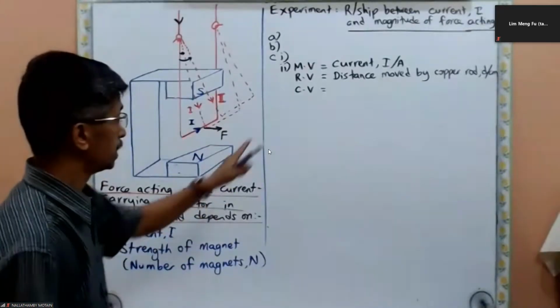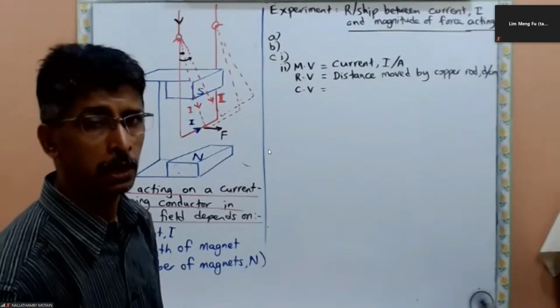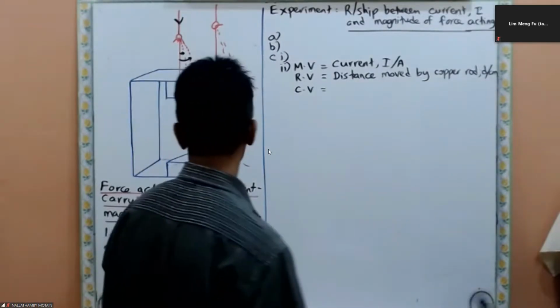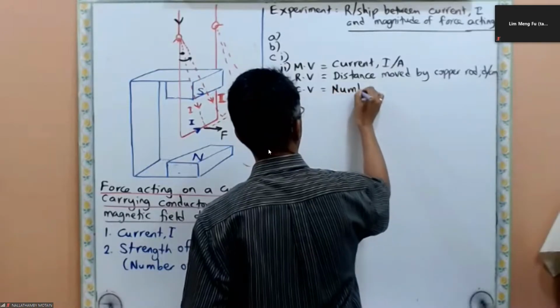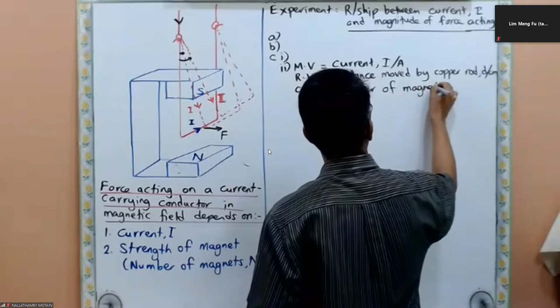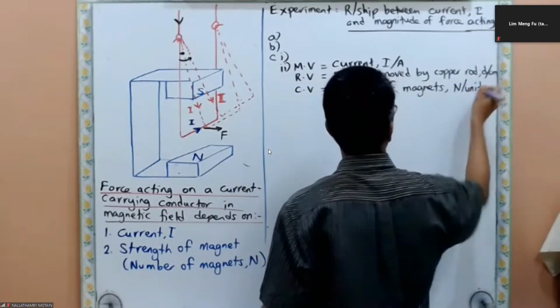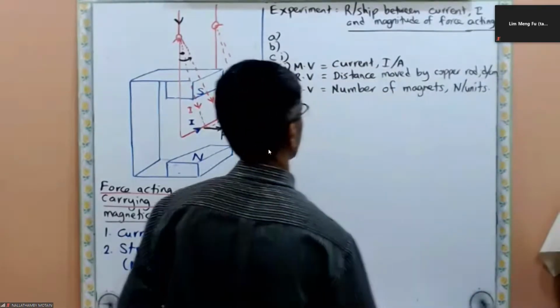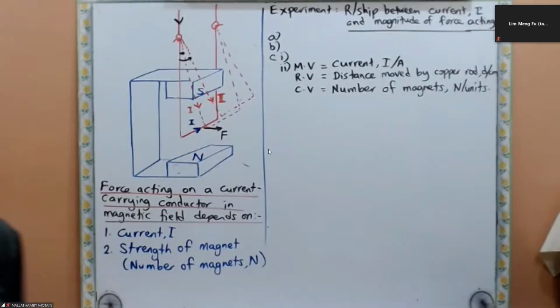Later I tell you. Distance over here indicates the magnitude of force acting. And the constant variable is number of magnets, or strength of magnet.